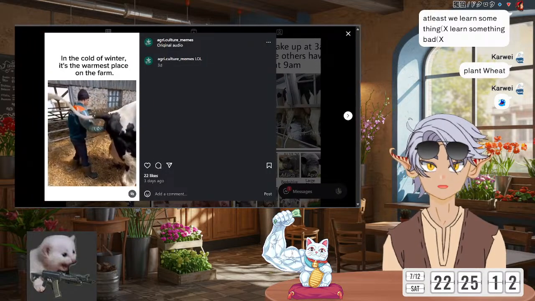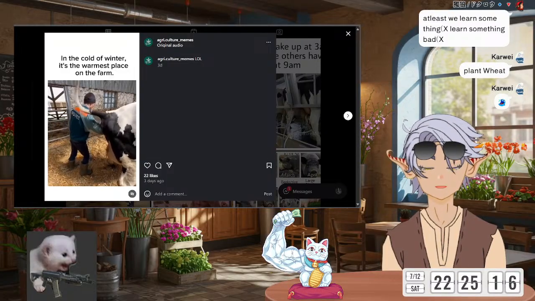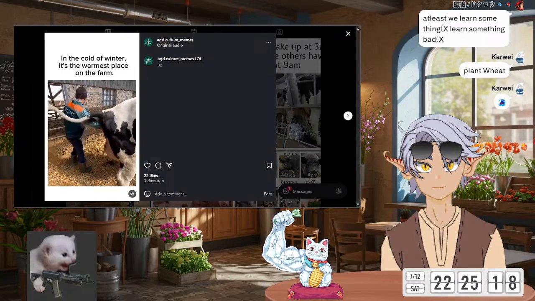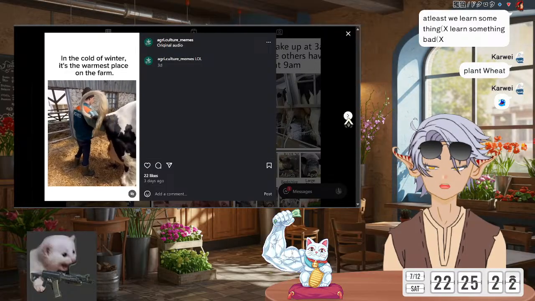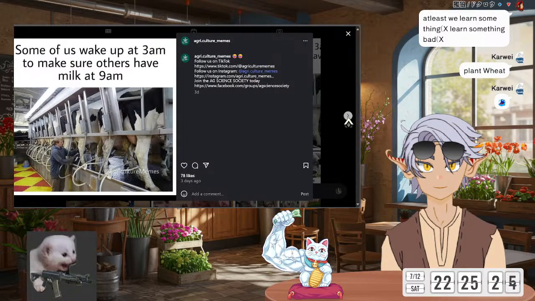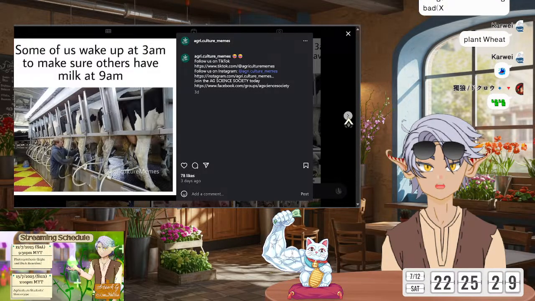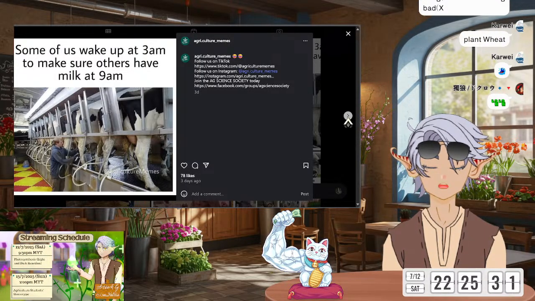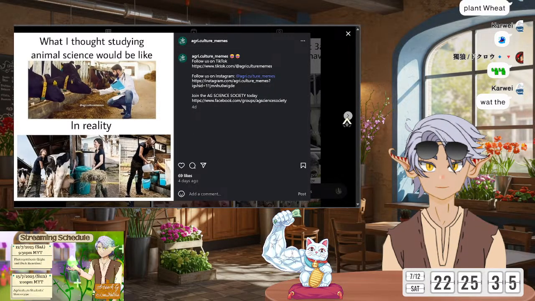This one is for the livestock production. About livestock. Yeah. So the only warmest place on farm is inside the butthole. Some almost wake up at 3 a.m. to make sure others have milk at 9 a.m. Unrelatable. Yes. They do this in farm to check.